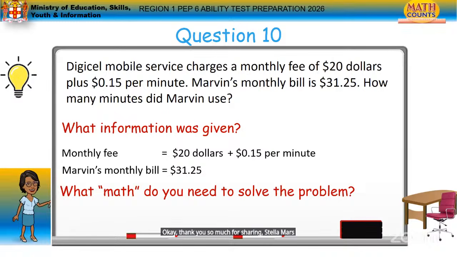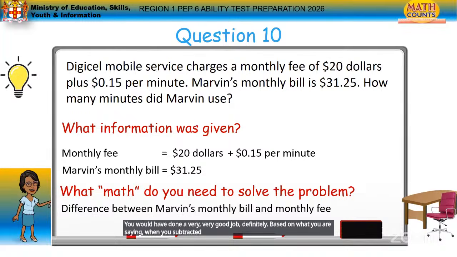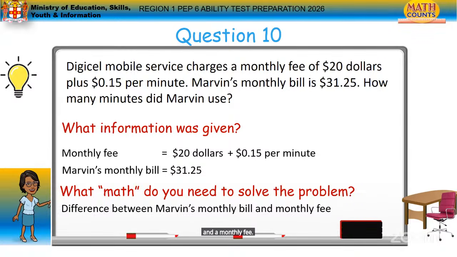Well said, and you would have done a very, very good job. So definitely, based on what you were saying, when you subtracted the $20 from the $31, I'm going to put some perspective here into place. You're finding the difference between the monthly bill and the monthly fee. Please bear in mind that the monthly fee is constant.